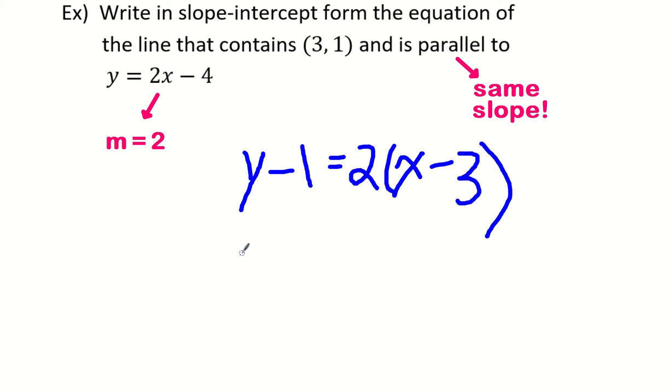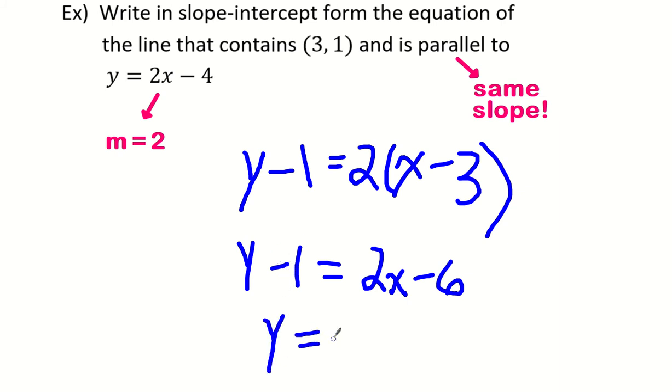And again, they want slope-intercept form, so I'm going to do the whole thing again of distributing the 2, and then moving this away from that side, canceling it out. So I'm going to add 1 to both sides and end up with y equals 2x. So what's negative 6 plus 1?